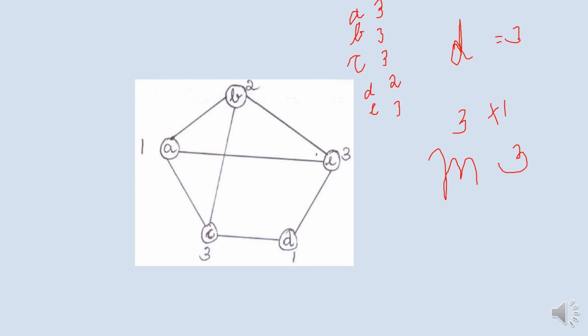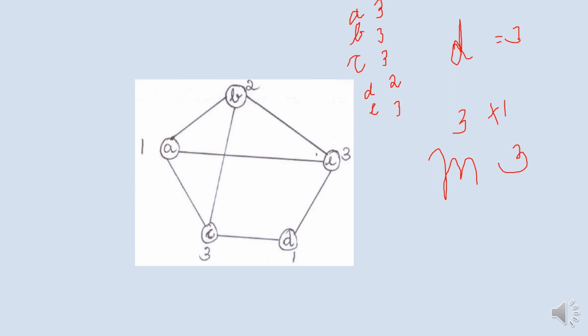Coming to the vertex D, D is adjacent to vertex C and to vertex E. For E we have not yet chosen the color, but adjacent vertex C has already been given the color 3. So I can give either the color 1 or 2 to vertex D. Let us keep it as 1.